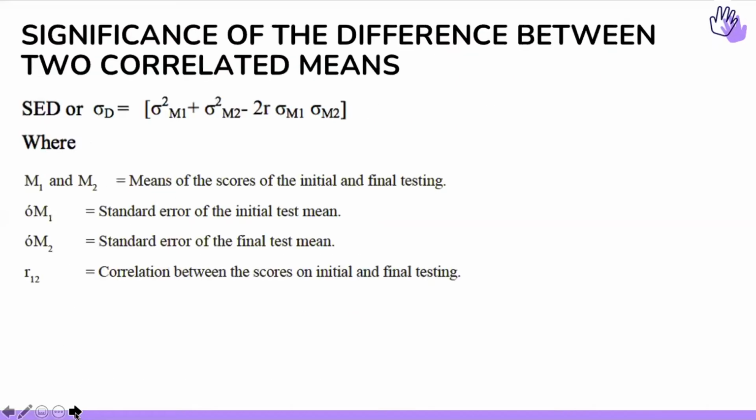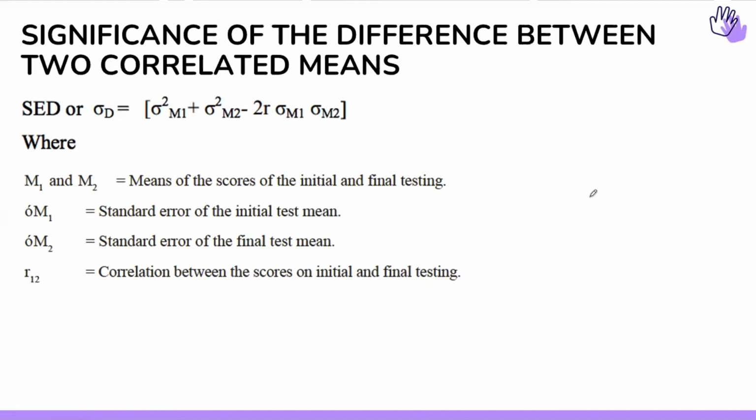Now let us see the significance of the difference between the means of two dependent samples, that is, two correlated means. If the two samples are dependent, then the means will be correlated.